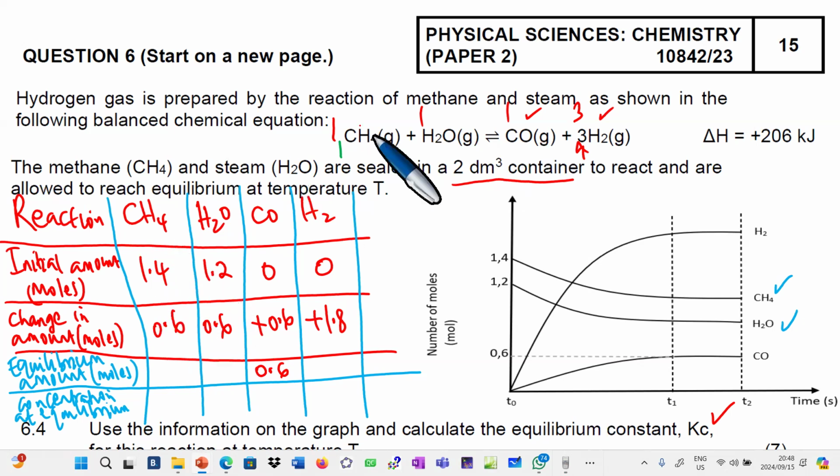Now, these changes here, we regard them as negative changes. Because the reaction proceeds in both the forward and the reverse, but looking at the forward direction, you're going to actually consider these as negative. Meaning you're going to say 1.4 minus 0.6.